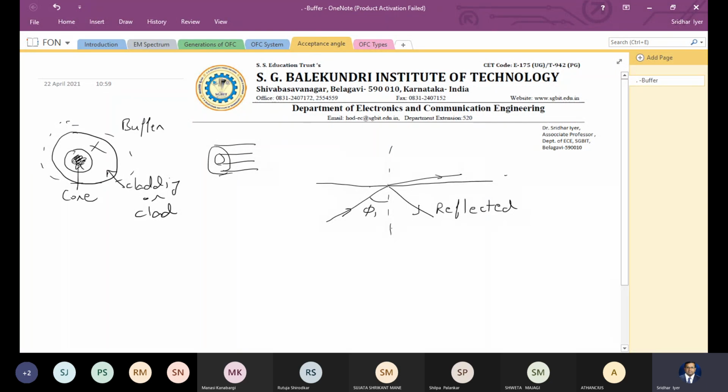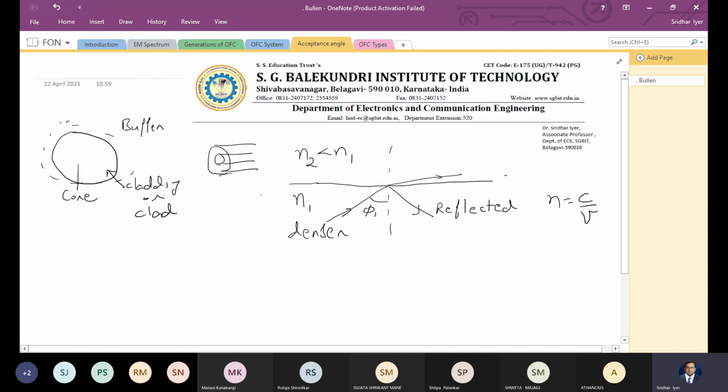That means we want all of the light to be only inside this material with a refractive index n1, not inside the material with refractive index n2, which we assume is less than n1, right? So this becomes a denser medium, right? Because n is c by v. That is speed of light in vacuum divided by speed of light in the medium. So the medium could be air, glass, or any other medium, right?